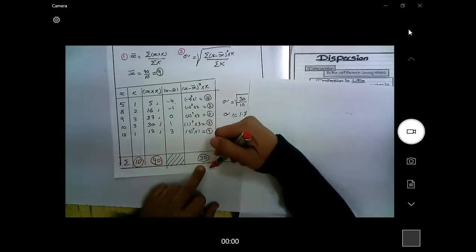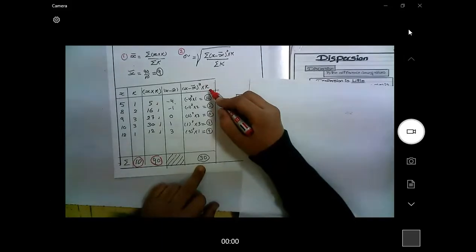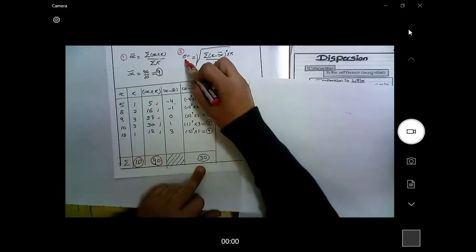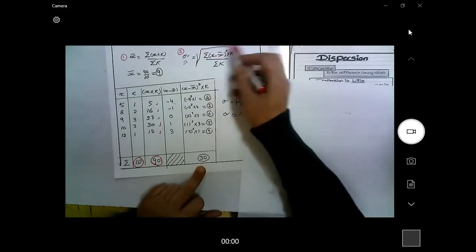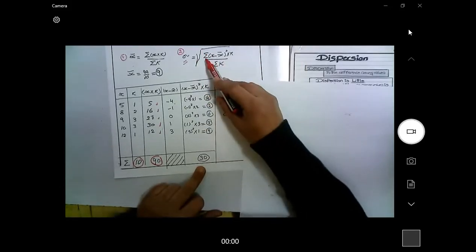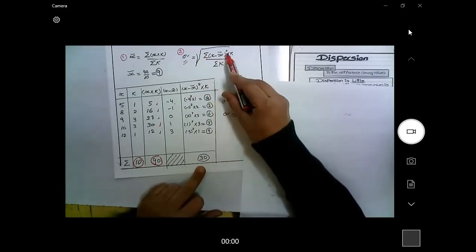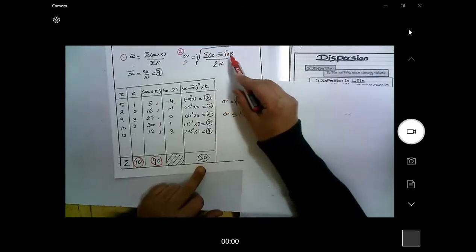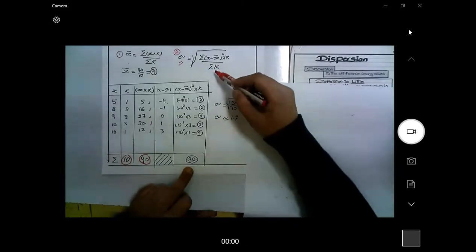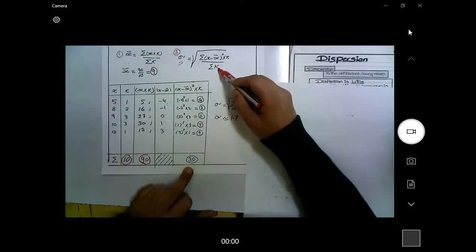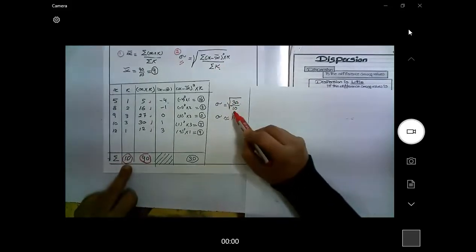After getting the summation of x minus x dash all power 2 times k, we will get the standard deviation sigma. The standard deviation equals the root of summation x minus x dash all power 2 times k, which is 30, divided by summation of k, which is 10.